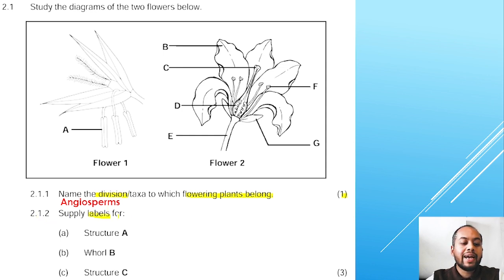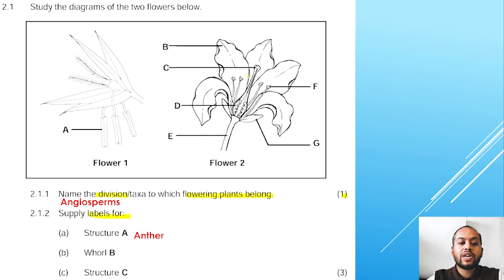2.1.2 says you are supplying labels for structure A. So if we look at structure A, you can see there it's a structure that's coming out of the flower. Looks like it's the male part of the flower. It's referred to as the anther, and the bottom part would have been referred to as the filament. So therefore structure A is going to be the anther.